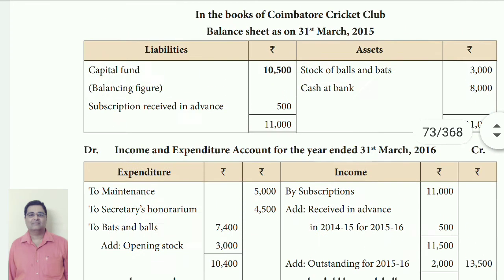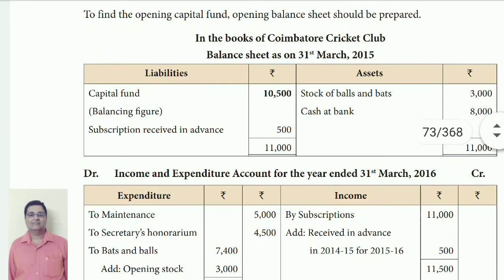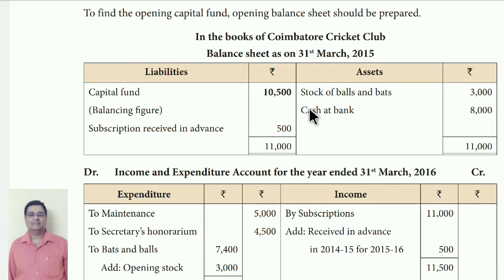Now see the opening balance sheet. Asset side 8,000 plus 3,000, 11,000. 11,000 minus 500, you will get 10,500. This 10,500 is the balancing figure known as capital fund. This capital fund we have to write in the liability side.